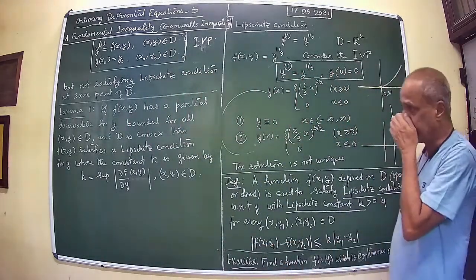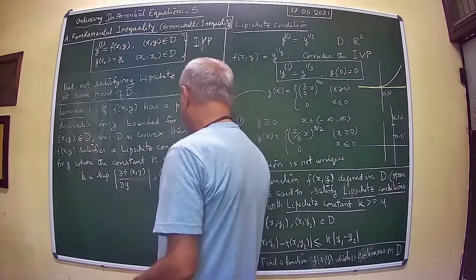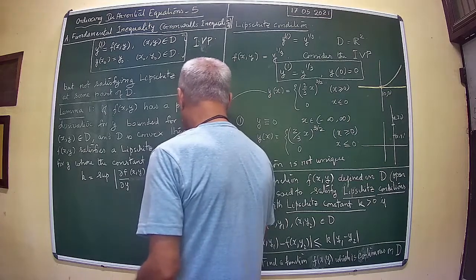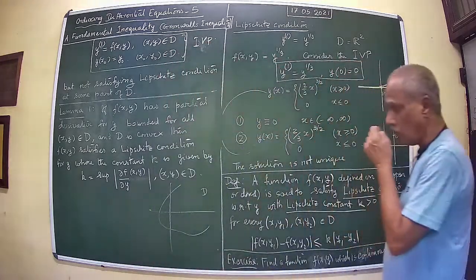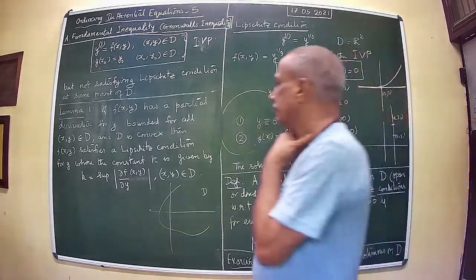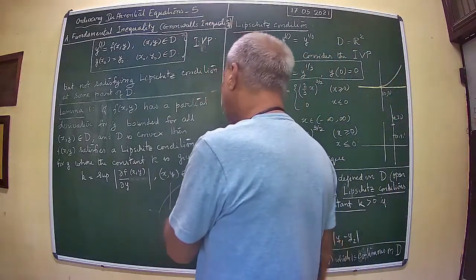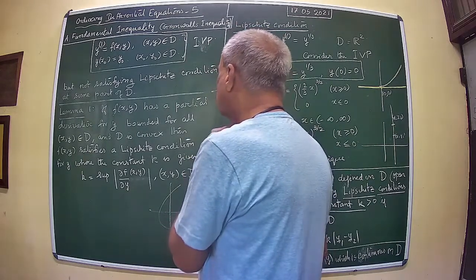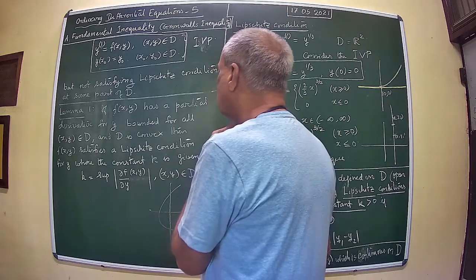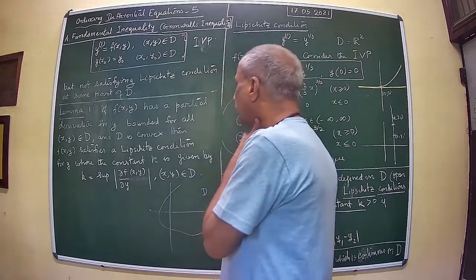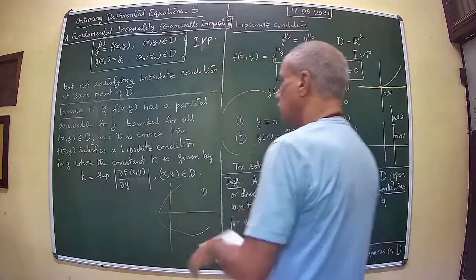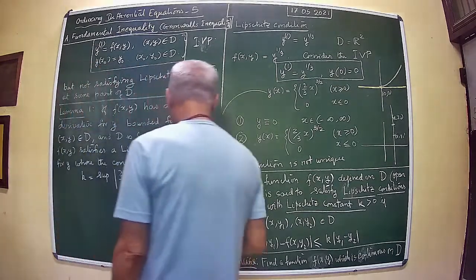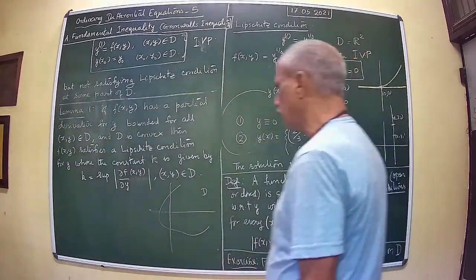Okay. What does it say? You have a domain D, which may be open or closed. Now what we want to say is this: f is given to be a continuous function defined on D. Okay, it's a continuous function over D, need not be bounded.